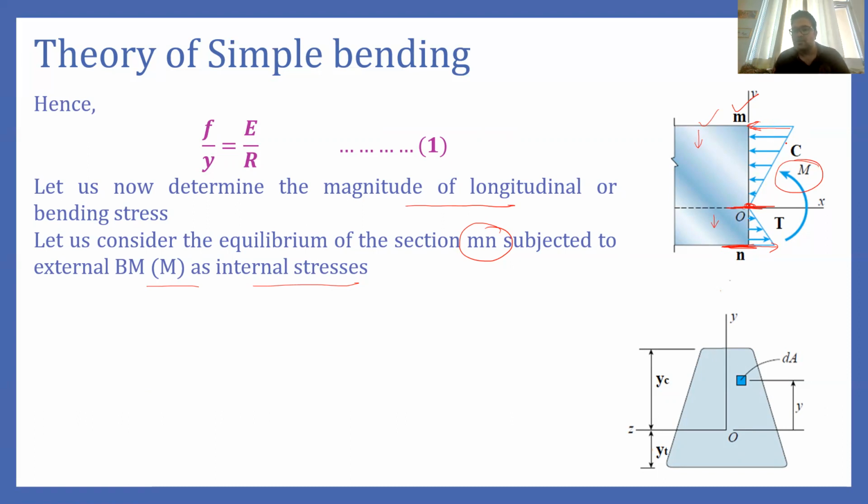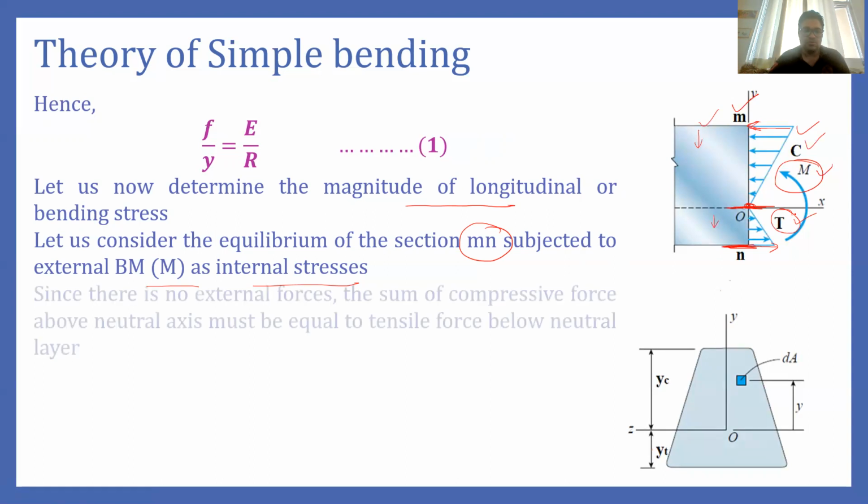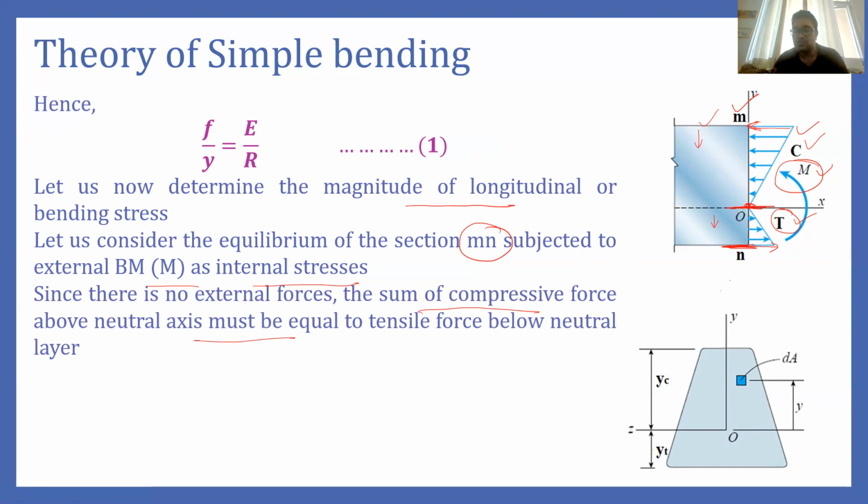So because of this moment, we have compression force and tension force, and for balancing we also know that C will be equal to T. For the equilibrium condition, C will be equal to T. As there is no external force, the sum of the compressive force above the neutral axis must be equal to the tensile force below the neutral layer.